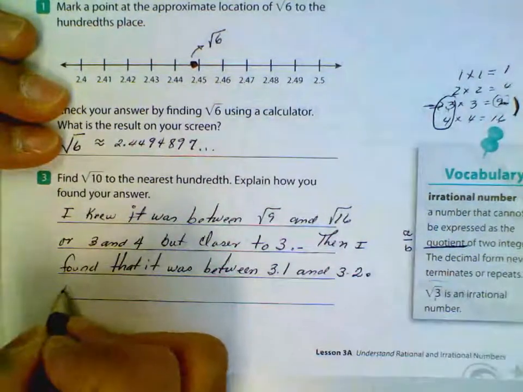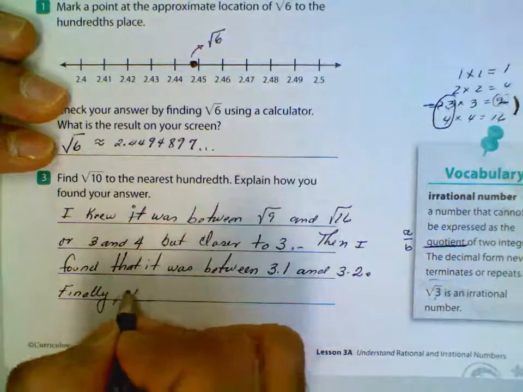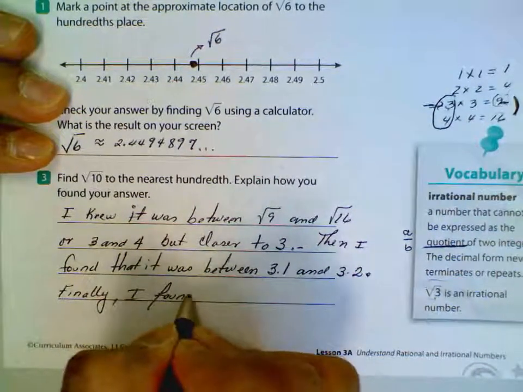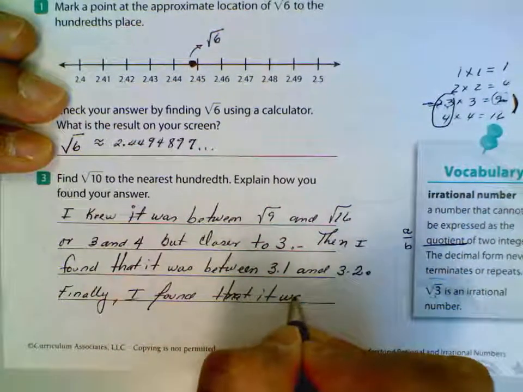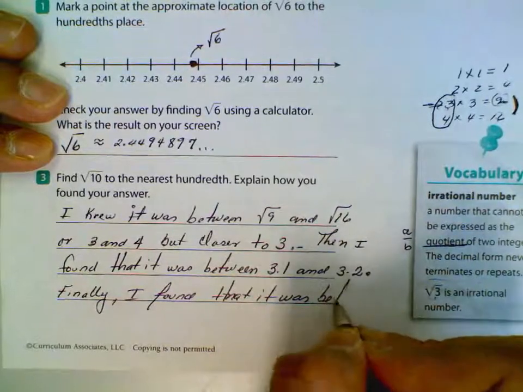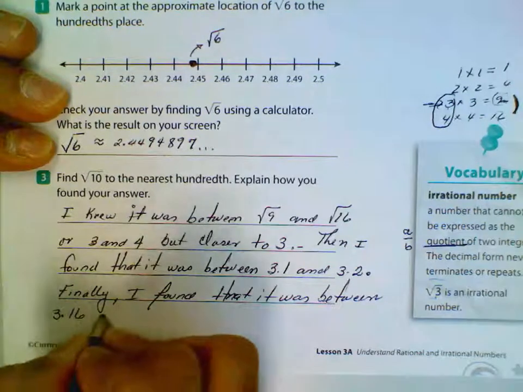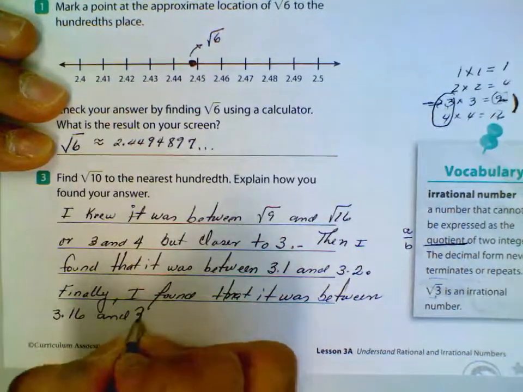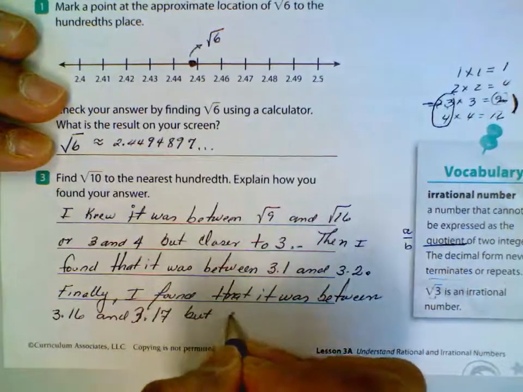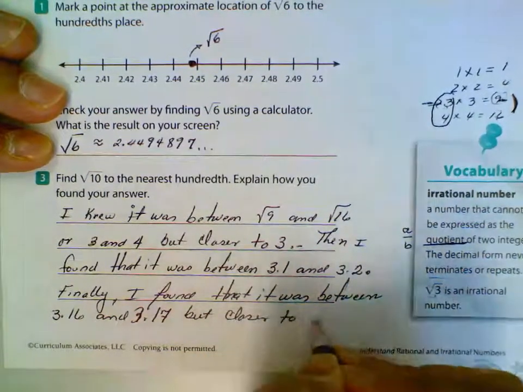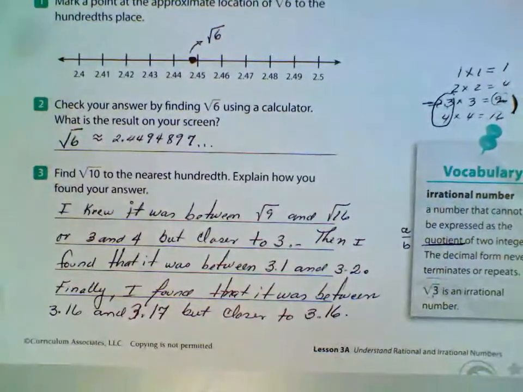Finally, I found that it was between 3.16 and 3.17, but closer to 3.16. And that's something that you can write.